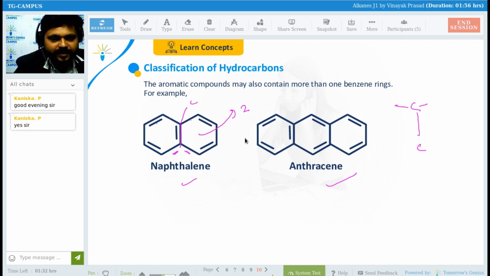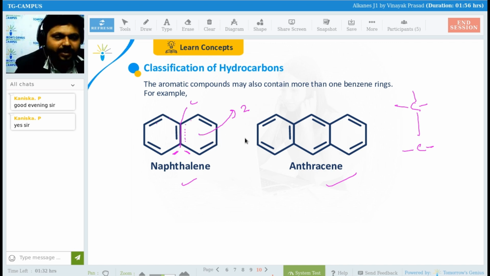Is it fine, everyone? Any doubt? Now, one double bond is also there. So let's suppose I'm making one double bond here, right? Now, think about this carbon again. So this bond, two bonds, right? And if I make another double bond here, this is a double bond for me.